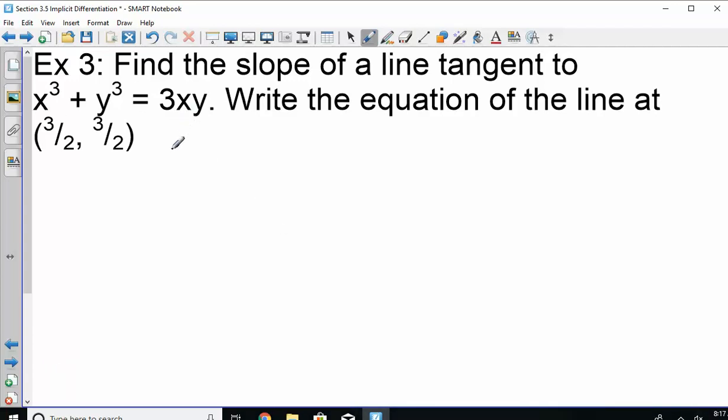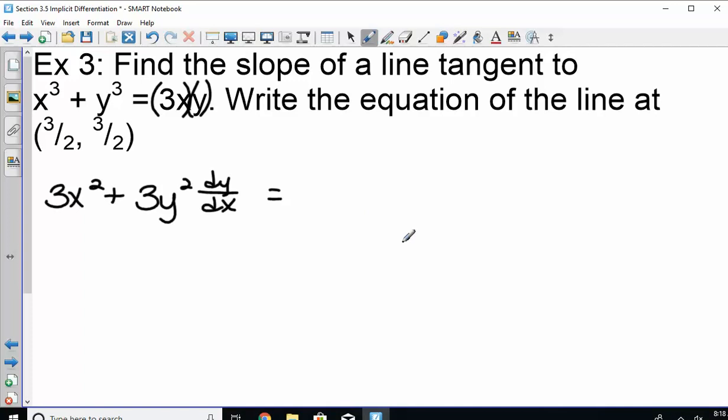So if I need the slope of a tangent line, we have to do the derivative first. Derivative of x cubed. Derivative of y cubed. Good. Equals. For this 3xy, it's 2 variables, so we have to do the product rule.